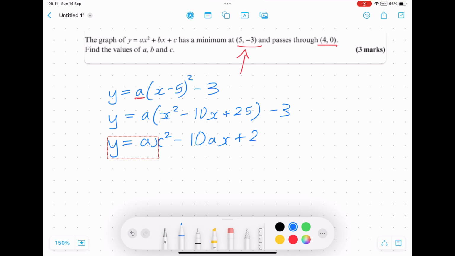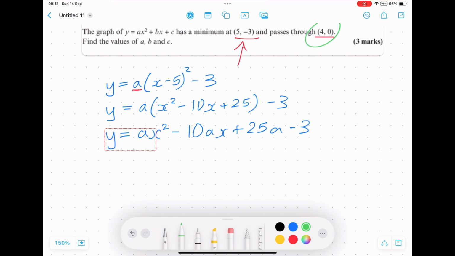So first of all, I'm just expanding it out, which takes a while, sorry. If we expand all of that out, we can now substitute in x equals 4 and y equals 0. Then a will be the only unknown that we have. So y equals 0, and x squared is going to be 4 squared, so that's 16a.